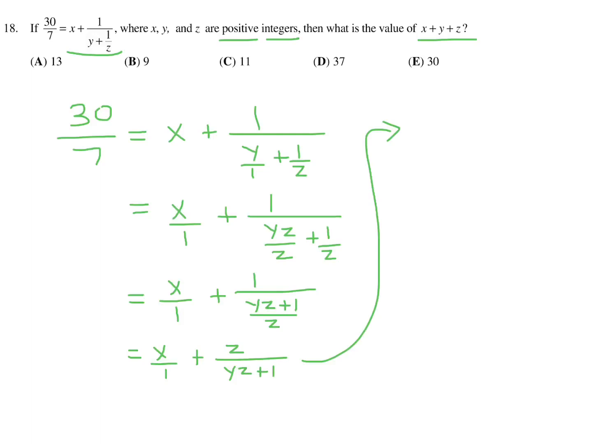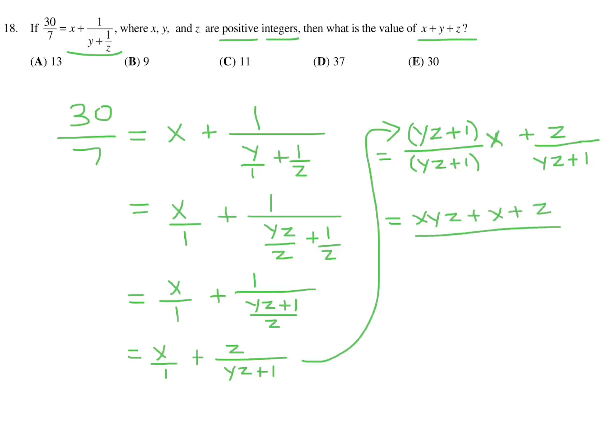Bring that over here, and we need a common denominator, yz plus 1. Multiply top and bottom, and we'll have finally z over yz plus 1. So we've got xyz plus x plus z all over yz plus 1. That is our final equation, and that's equal to 30 over 7.